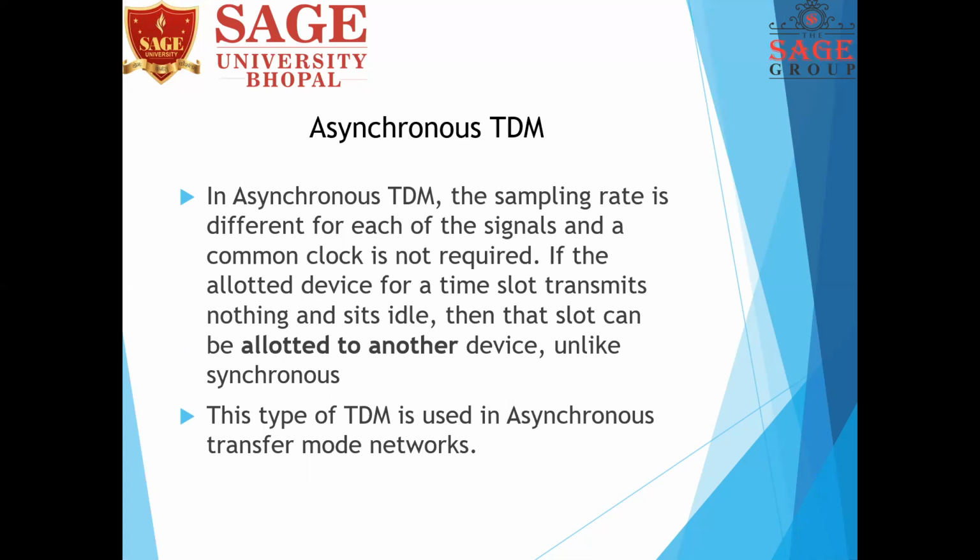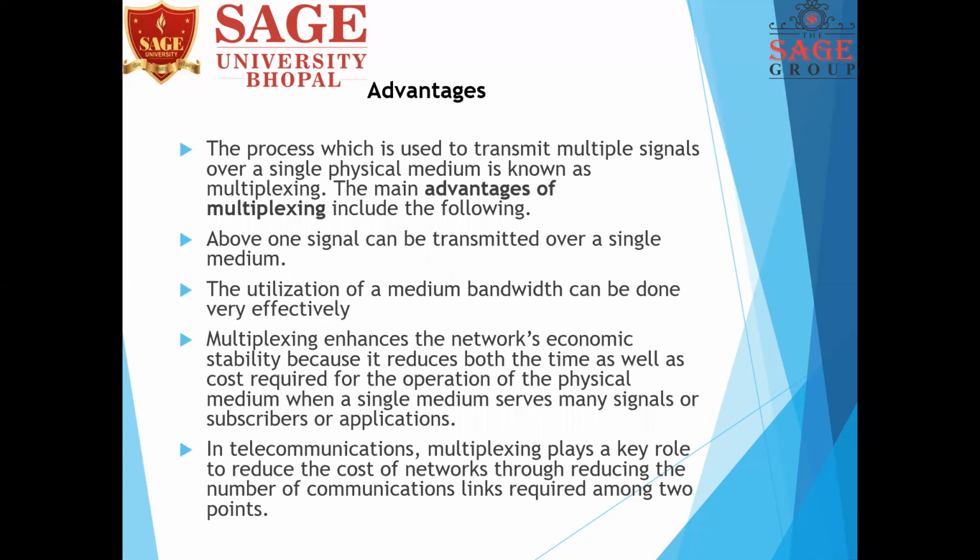Some advantages of the multiplexer: multiple signals can be transmitted over a single medium, the medium's bandwidth can be utilized very effectively, and it enhances economic stability and reduces both time and cost.